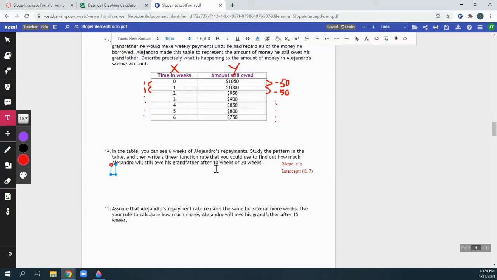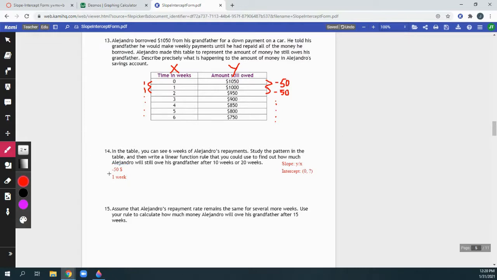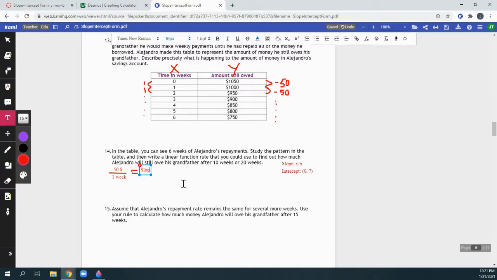So I'm going to take, this changes by 50, goes down 50. Goes down by $50 in 1 week. What does that mean? Well, this is just going to say exactly what you would have said in the first place because it's not a hard math problem. Slope is down -50 per week.